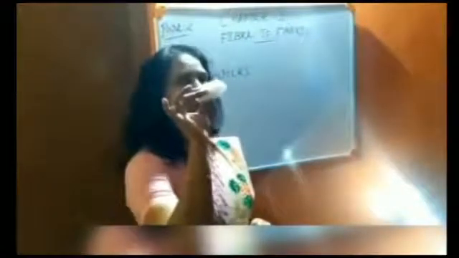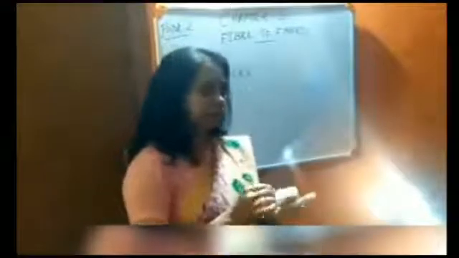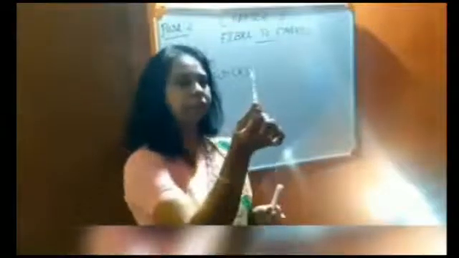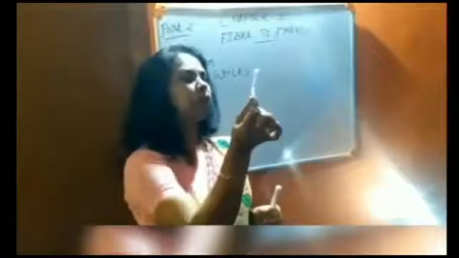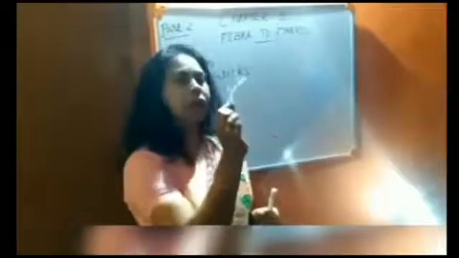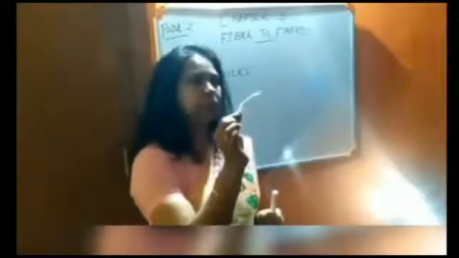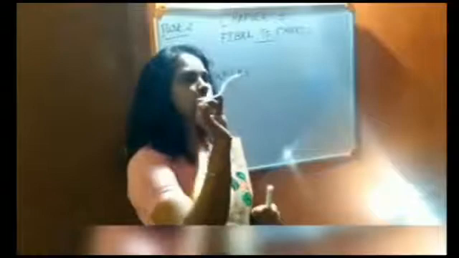This is cotton, and you know its color is white. And wicks, how can we make them? From this I made a wick. This is a wick we use for lighting the oil lamps. I hope you got an idea about what wicks are.